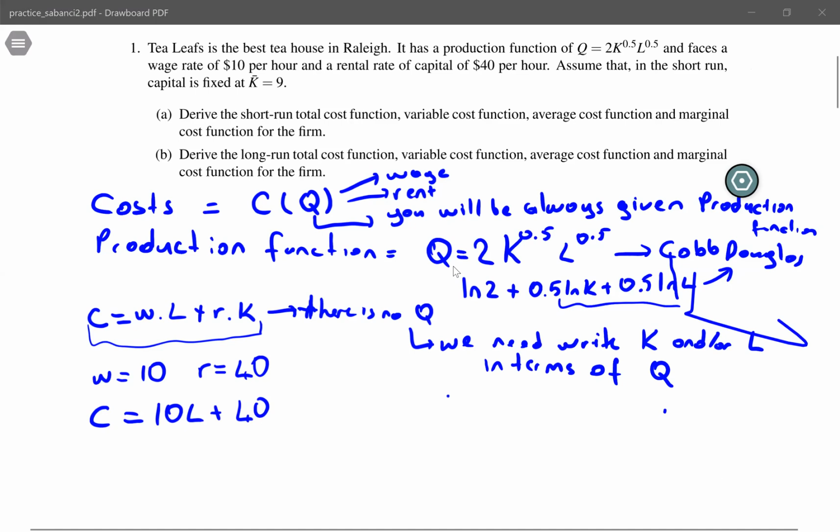So let's write the cost by using this wage rate and the rent. Then the cost will be 10L plus 40K.